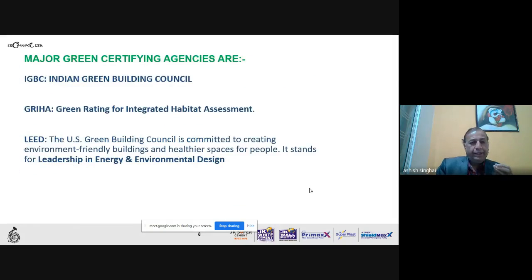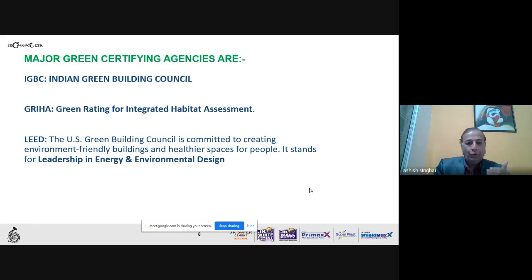There are three major agencies which certify green buildings. One is the Indian Green Building Council, IGBC, headquartered in Hyderabad. Second one is GRIHA. GRIHA stands for Green Rating for Integrated Habitat Assessment. Okay, so that is the second agency.